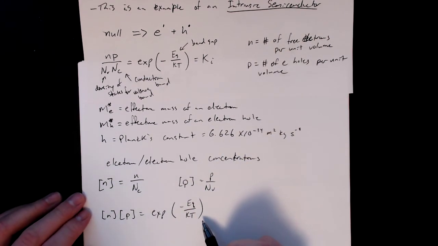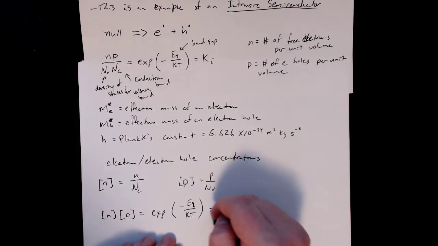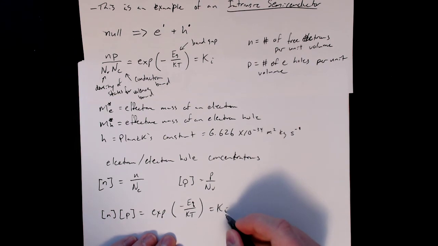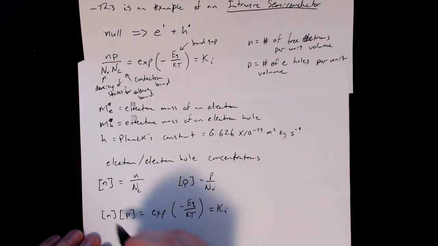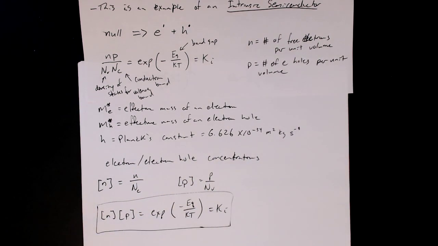And if we write the mass action expression, this is the same thing as what we would get, the equilibrium constant, and we put I for intrinsic electronic defects. So this is what we're working with. In the next module, we'll go through an example of how we can calculate these numbers.